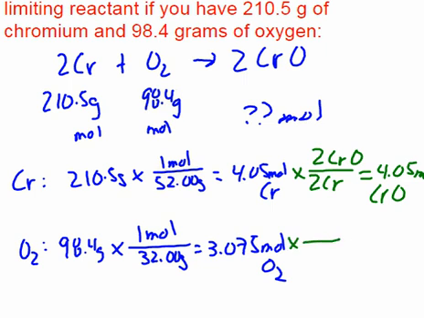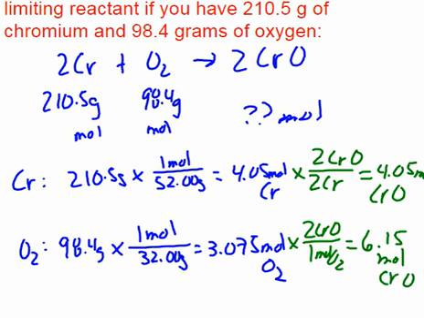But the oxygen, I get 2 moles of CrO from just 1 mole of O2. So this would double to 6.15, I think that is, moles of CrO. So now when I compare it, the chromium's going to make less product, so that's my limiting reactant.